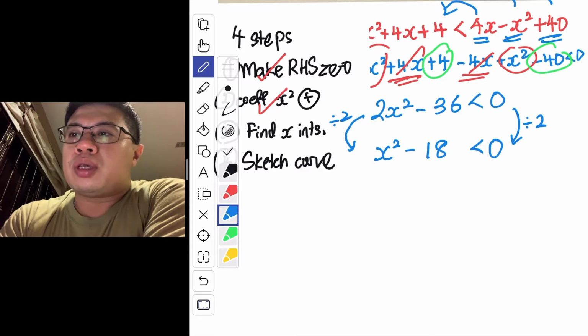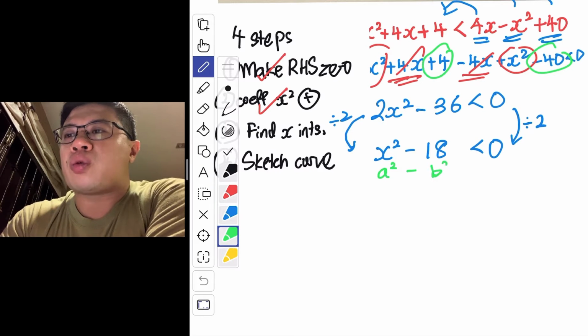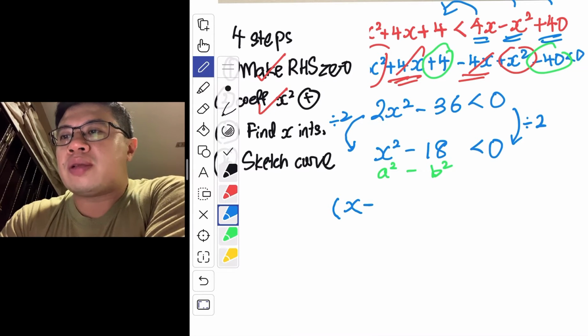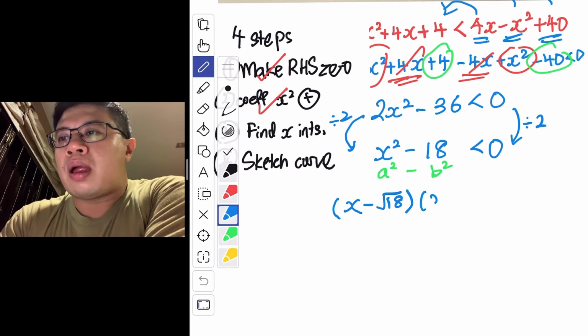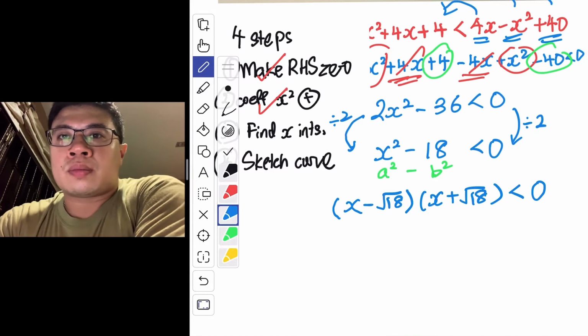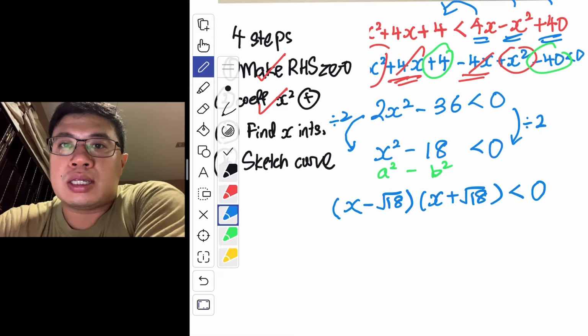Okay, so here what we do is again we try to use the fact that this is like a squared minus b squared, and the next part may look scary. This is a squared minus b squared. If I were to factorize it, it's like (a minus b)(a plus b) to be less than 0.